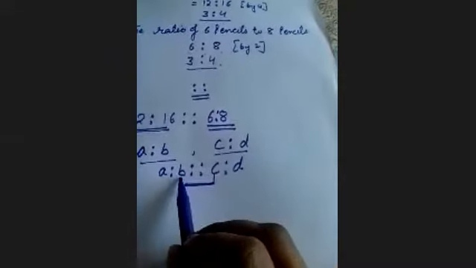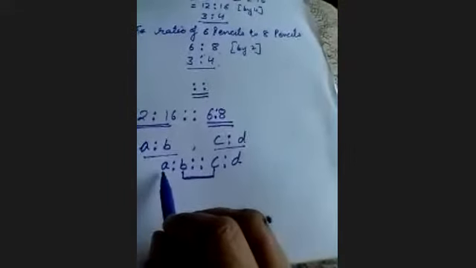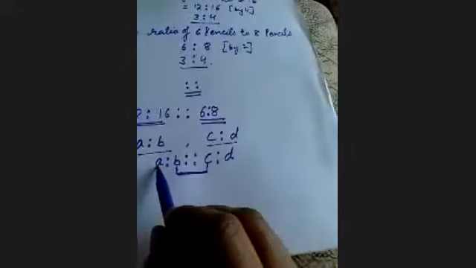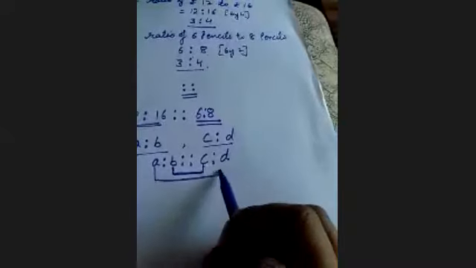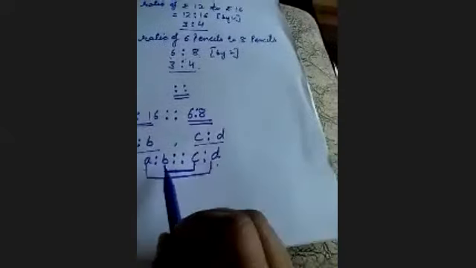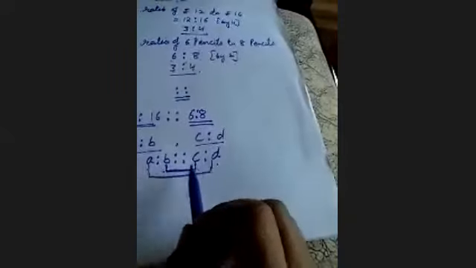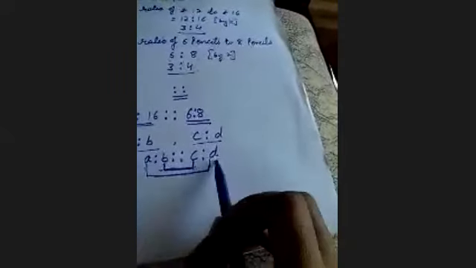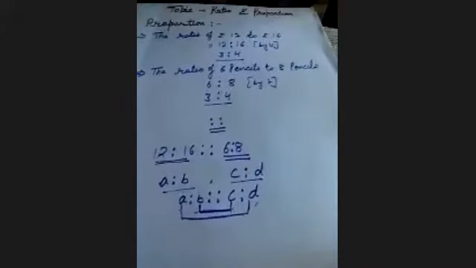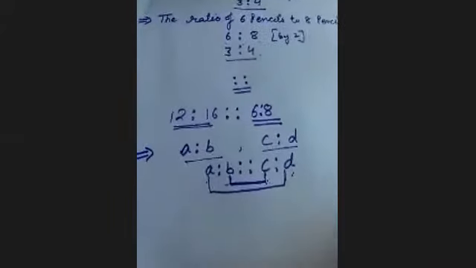Mean terms are B and C. Then we will find the product of extreme terms. Extreme terms are A and D. If the product of B and C and the product of A and D are equal, then we can say these ratios are in proportion.